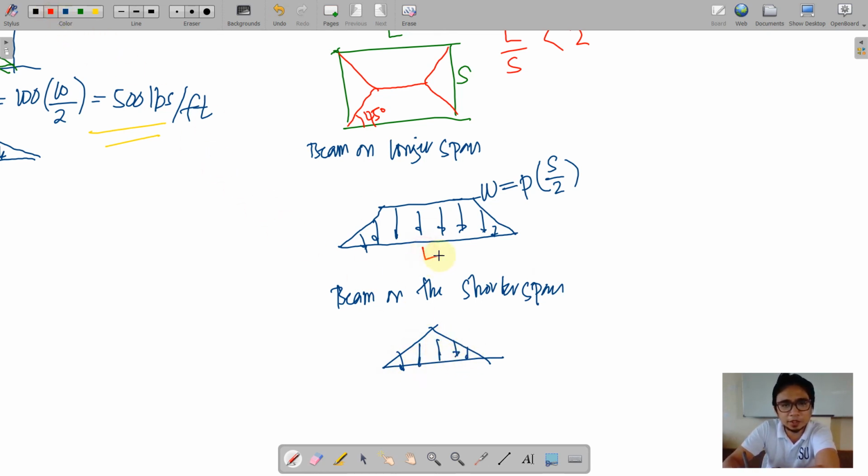Let me have this as L and that is S. So we use the same W obtained from multiplying the pressure times S, or half of the shorter dimension. Okay, so that's it for tributary loadings. So please stand by for more examples on this topic.